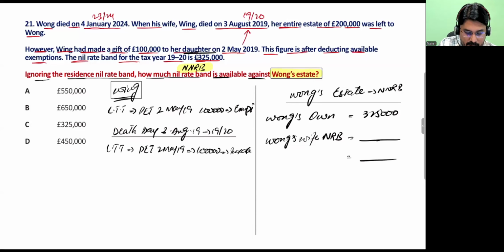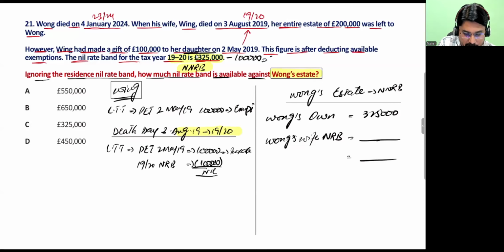And for any asset which becomes taxable at the time of death, the fiscal year 19-20 nil rate band is 325,000, and this is covered by the nil rate band of 19-20. From this 325,000, 100,000 has already been used because this asset was taxable and covered by the nil rate band.